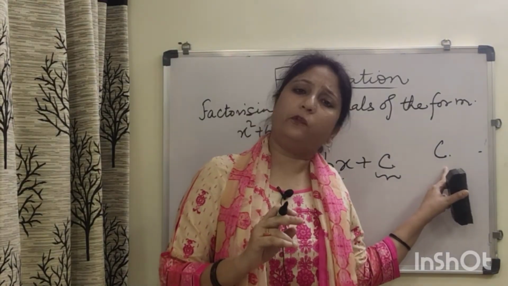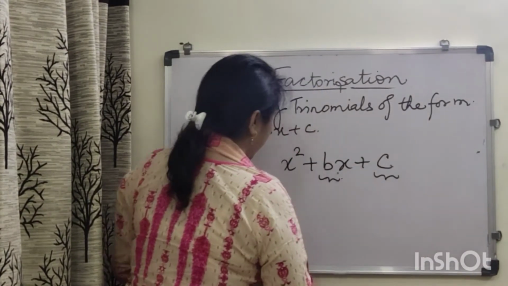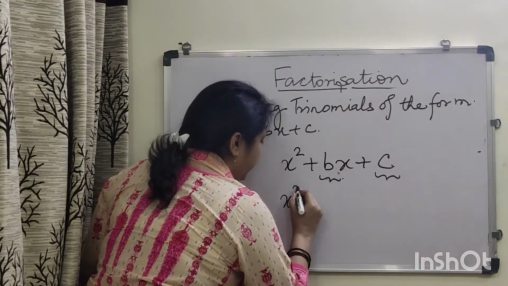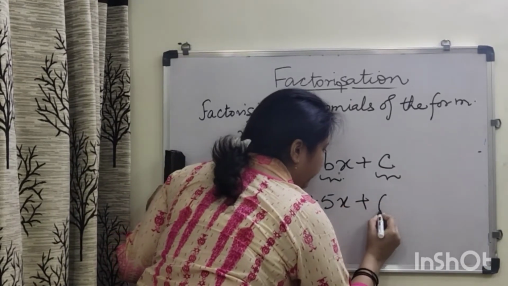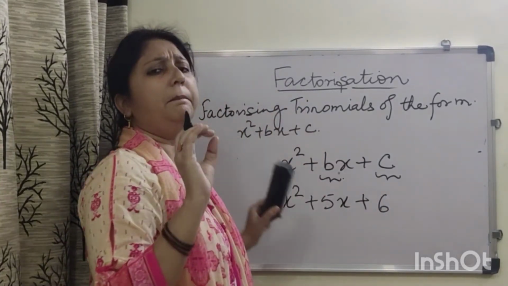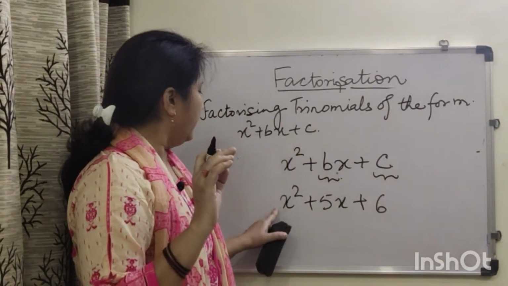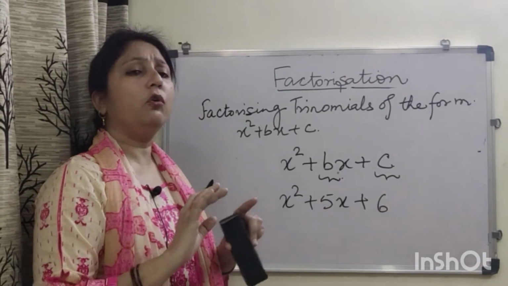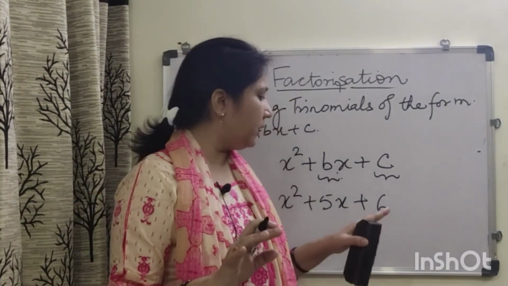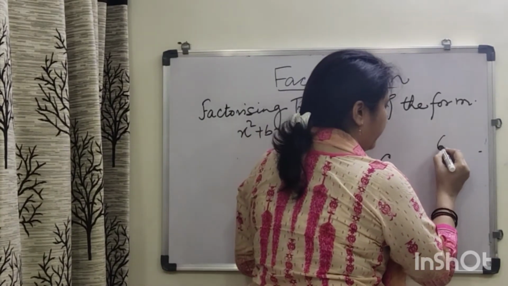constant c. For example, suppose I take an expression x square plus 5x plus 6. Simplest example. Here you can see the coefficient of x square is 1. Fine. So, we are not bothered about it. Now, we look for the constant. Constant is 6.